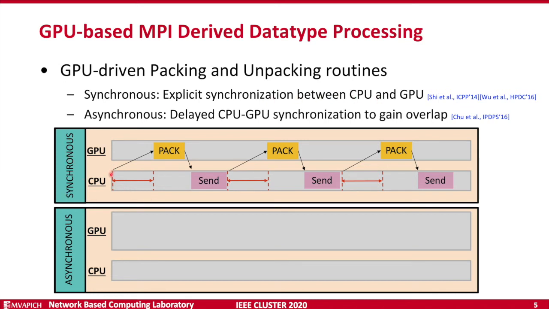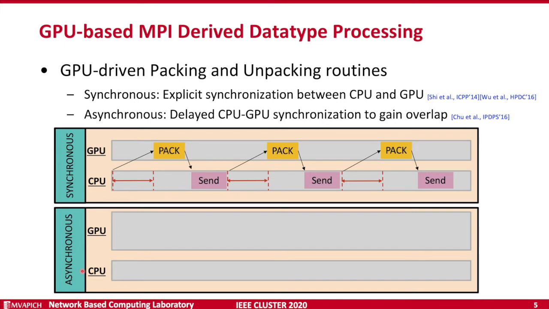Your CPU launches the kernel, you see some penalty, some overhead, and the GPU can execute your optimized packing kernel. Once it finishes, this is where we perform the synchronization. So basically the CPU is idle here. Once it's finished, you perform your communication like send or receive, and you do this one by one. So this is the synchronized manner.